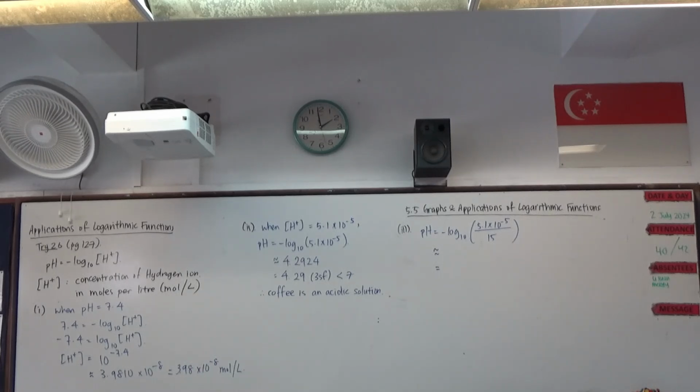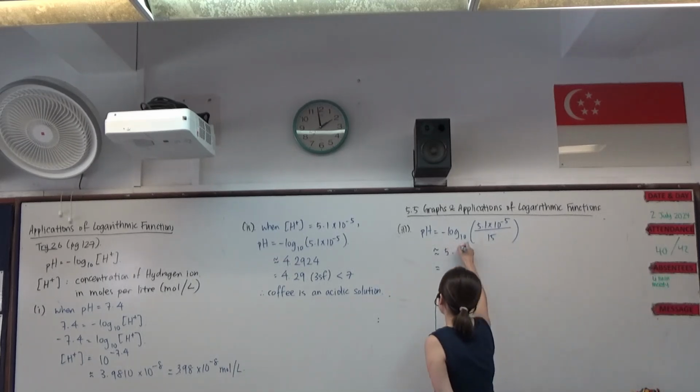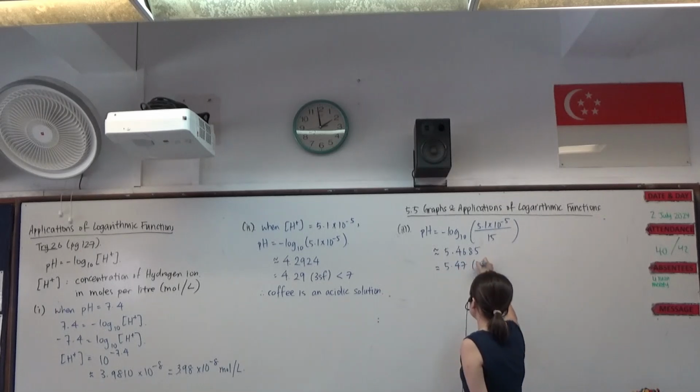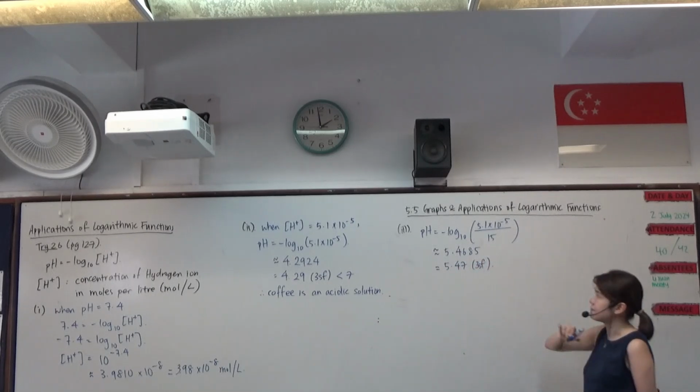What do you get? 5.4685. Okay? That is your truncated 5SF. Final answer 3SF, 5.47.